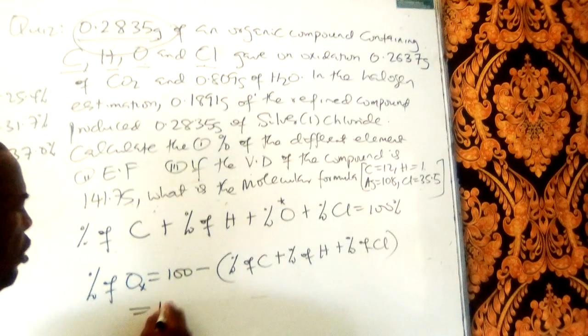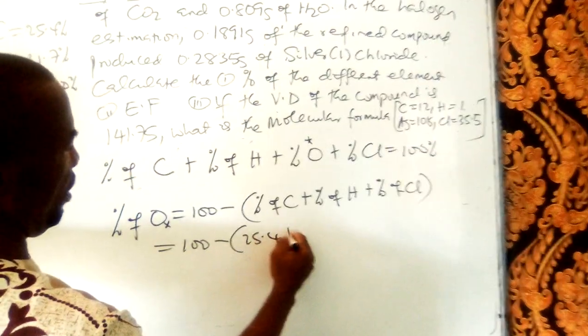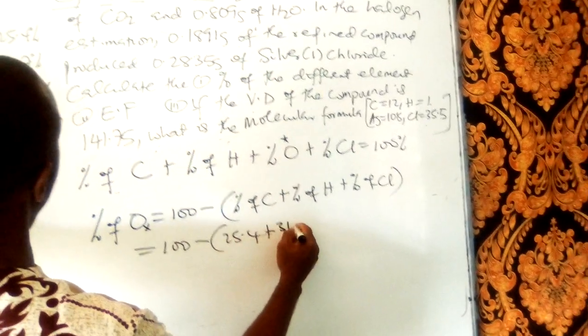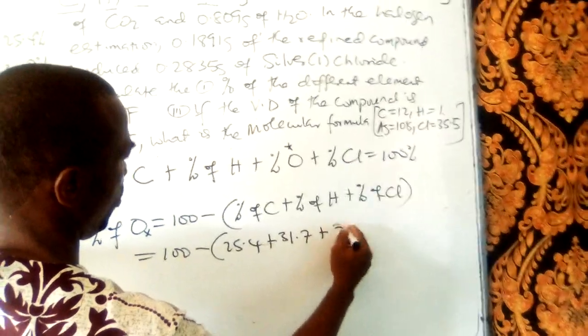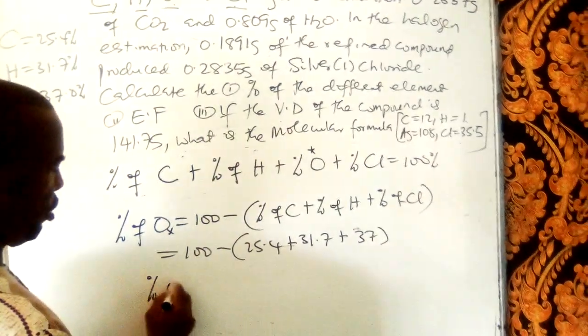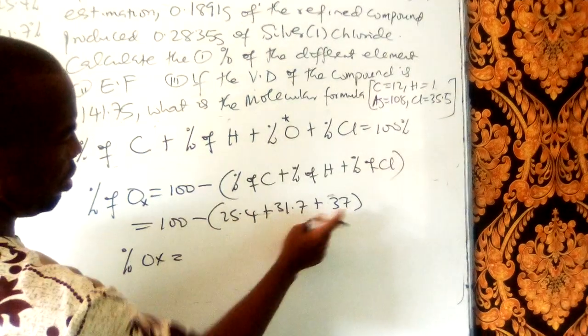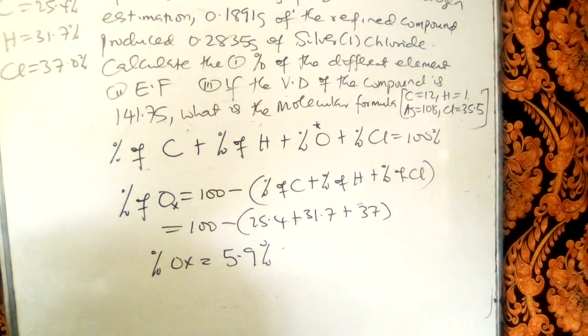That gives us 100 minus carbon is 5.4 up there, hydrogen is 1.7, and chlorine is 37%. So when we sum all these, we now get oxygen percentage as 5.9% of oxygen in the compound.